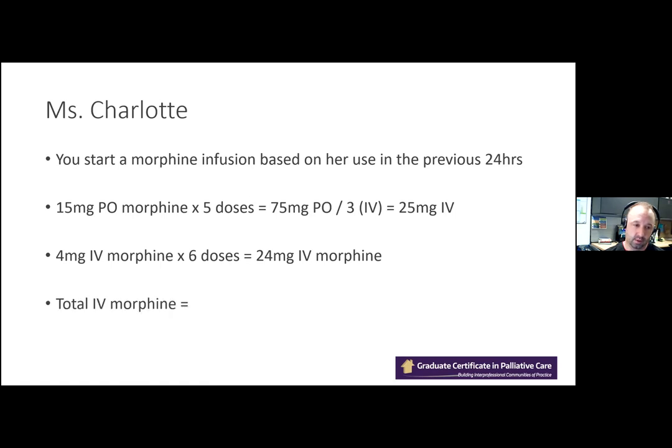So you sum the two, and in total, she's had 49 milligrams of IV morphine. We are doing a continuous infusion, so you want to administer it over 24 hours, and so you just get your hourly rate by dividing by 24. In this case, it makes it pretty easy for us, and it's 2 milligrams per hour.